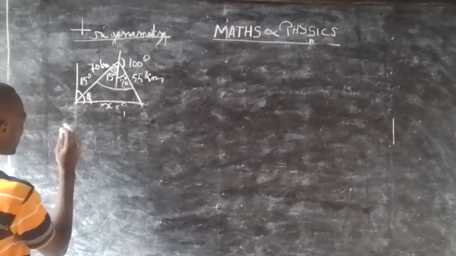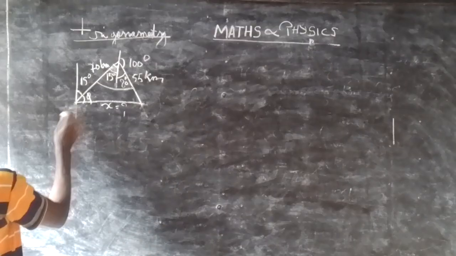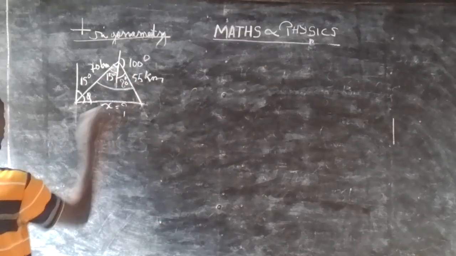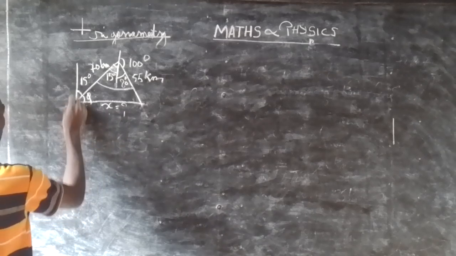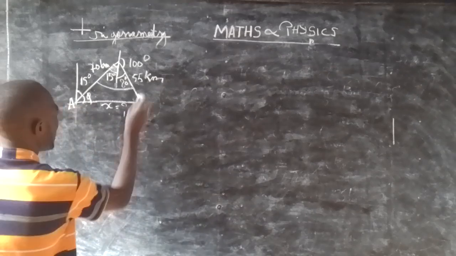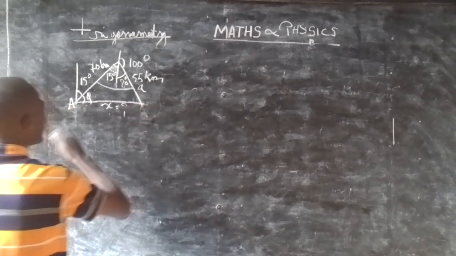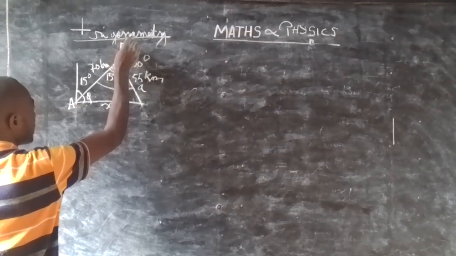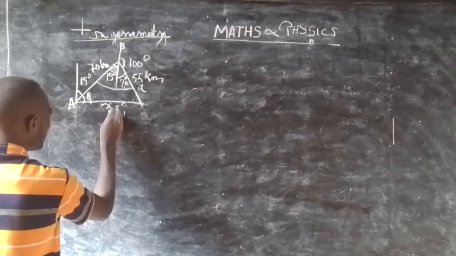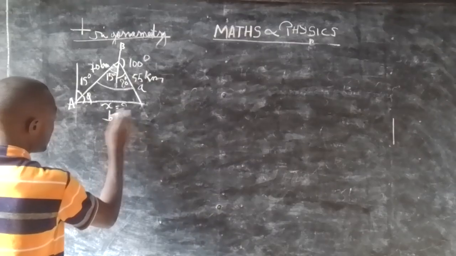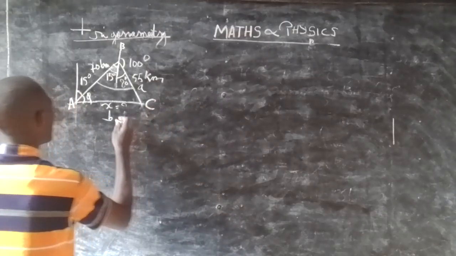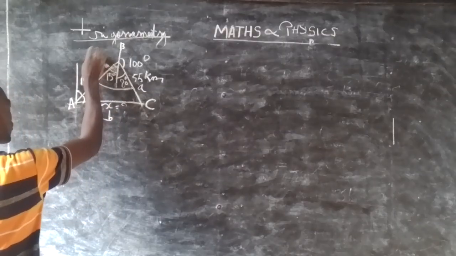Let's name our triangle. Here we have A, here small a, here capital B, here small b, which is equal to x, here capital C, and here small c.